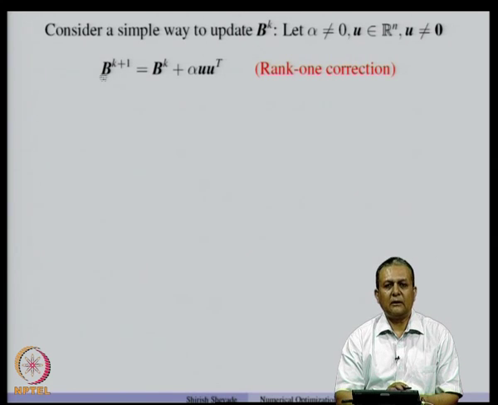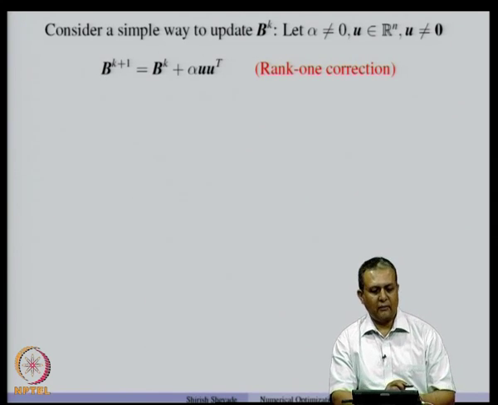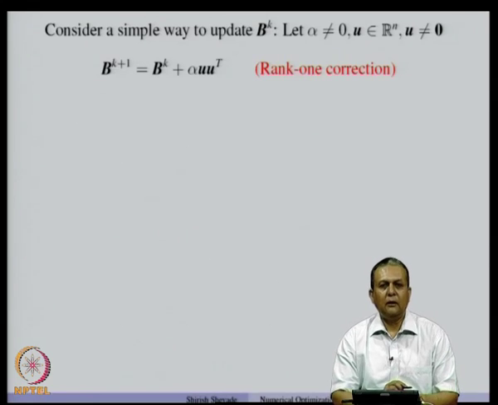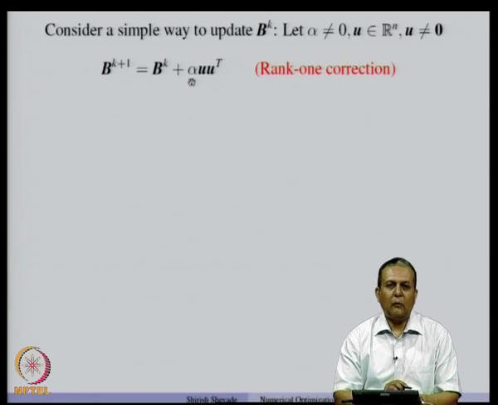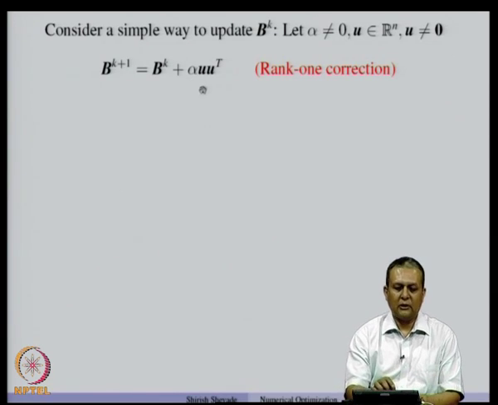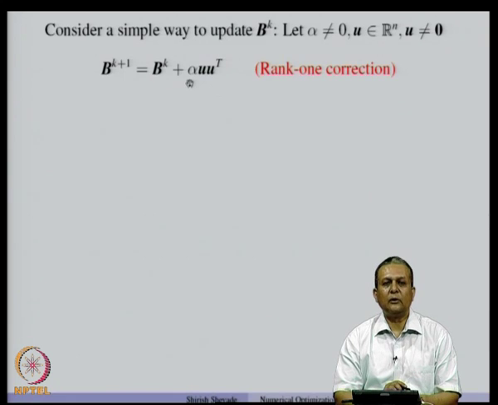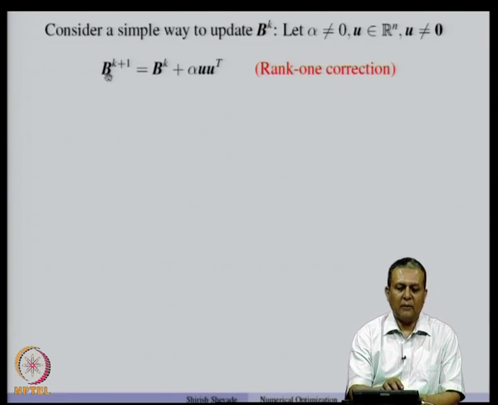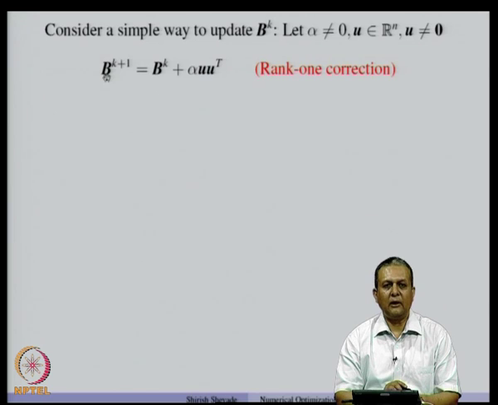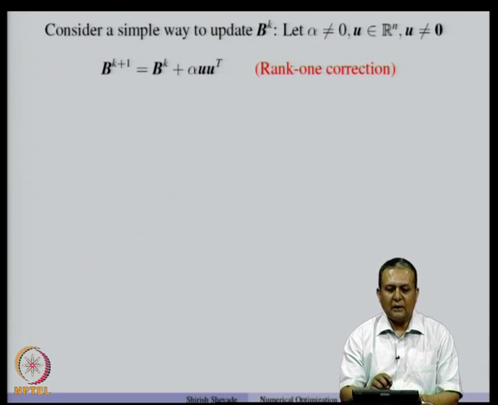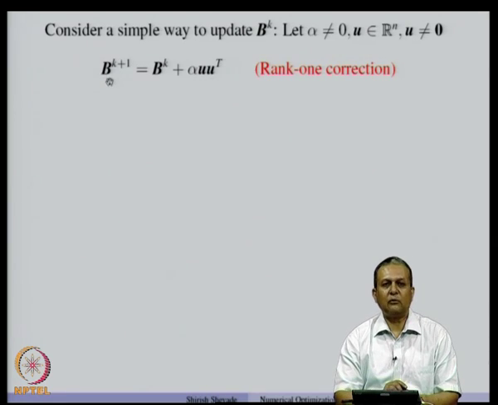That is the question that we would like to answer. Now, before we do that, we want to find out what are possible values of alpha and u that could be used, so that quasi-Newton condition is satisfied by the matrix Bk plus 1, or in other words, what are alpha and u such that Bk plus 1 gamma k is equal to delta k.